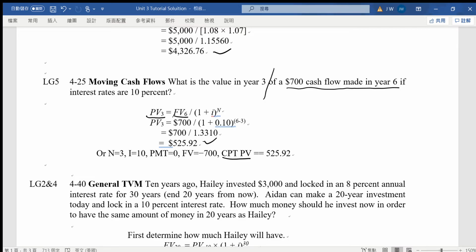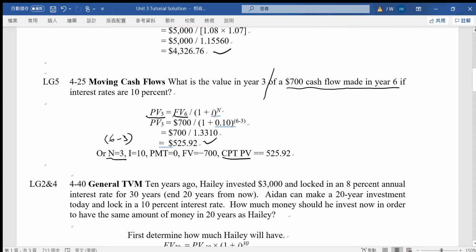What are the other four that you know about? First is the time: n equals 3. You need to write down the working because it is 6 minus 3. You want to discount the amount from year 6 back to year 3, which means 3 years before, and you need to show this working in your answer.